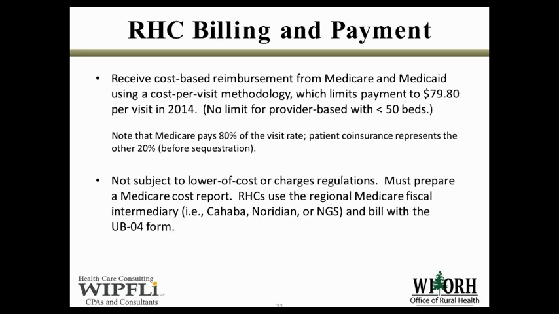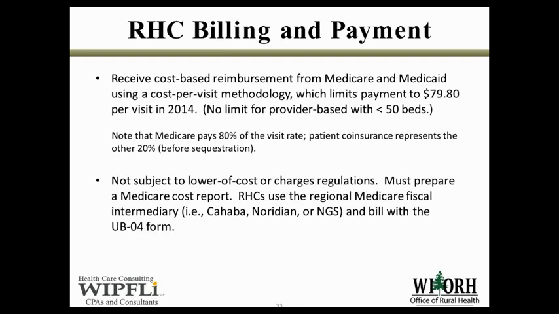We mentioned that the rural health clinics receive a cost-based reimbursement using a cost per visit methodology. That payment methodology is limited for the independent RHCs to $79.80 per visit in 2014. There is no such limitation for rural health clinics that are provider-based to hospitals that are less than 50 beds.